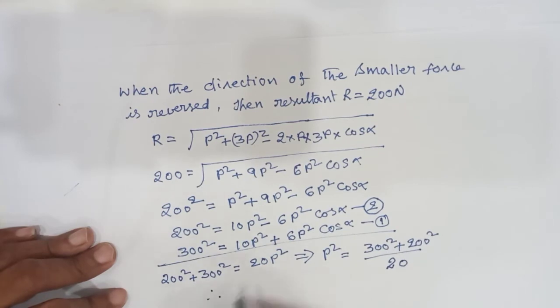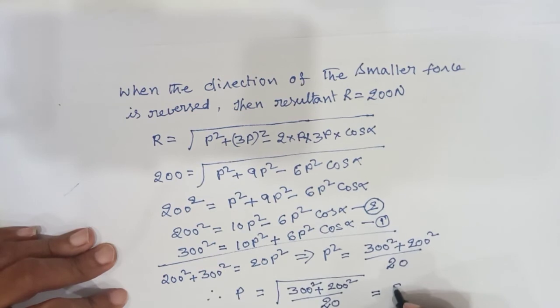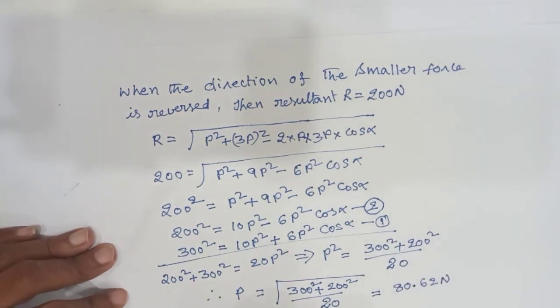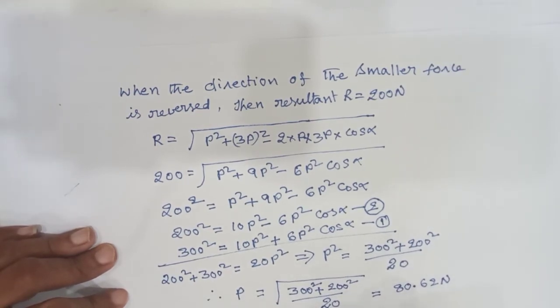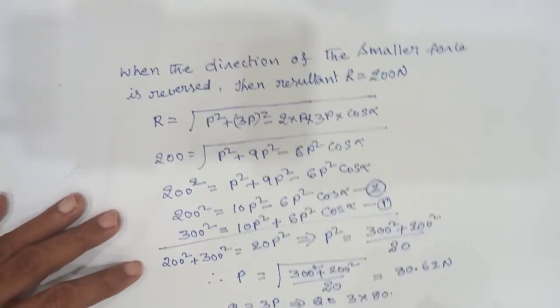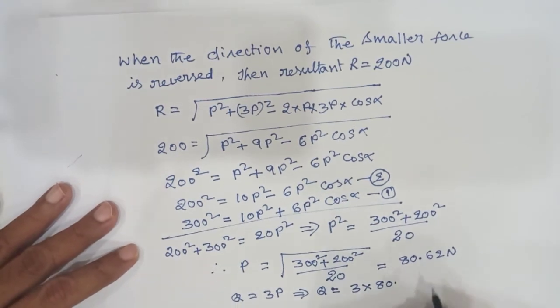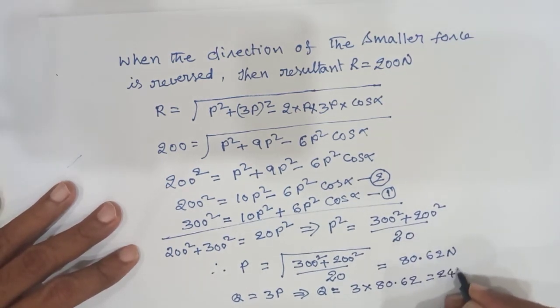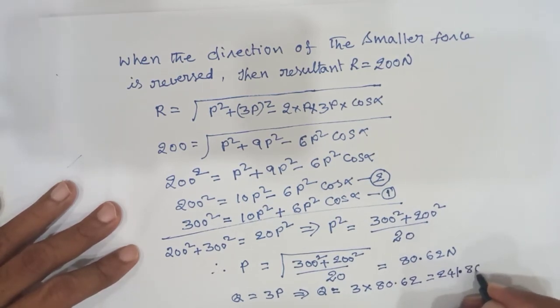Therefore P is equal to 80.62 newtons, and Q is equal to 3P, which implies Q is equal to 3 into 80.62, which is equal to 241.86.